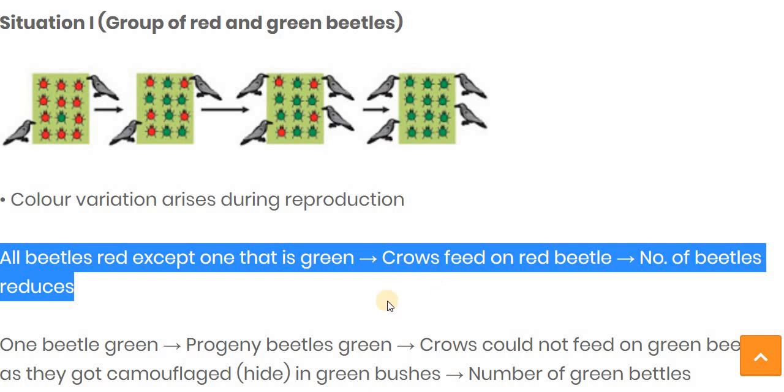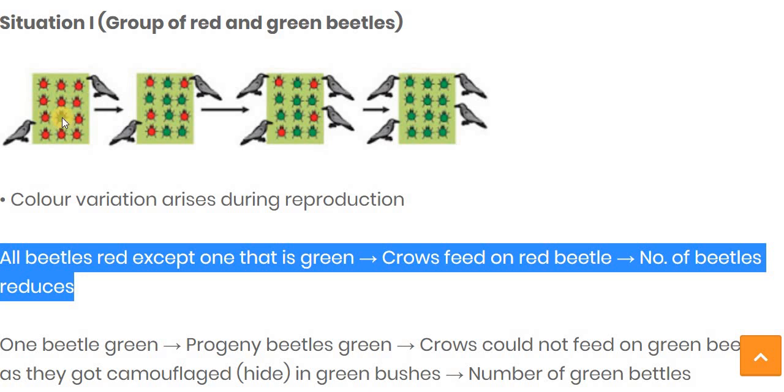So all the beetles are red except one, which is green. The crows feed on the red beetles. Due to this, the number of red beetles will reduce, but the one green beetle can survive. Why?